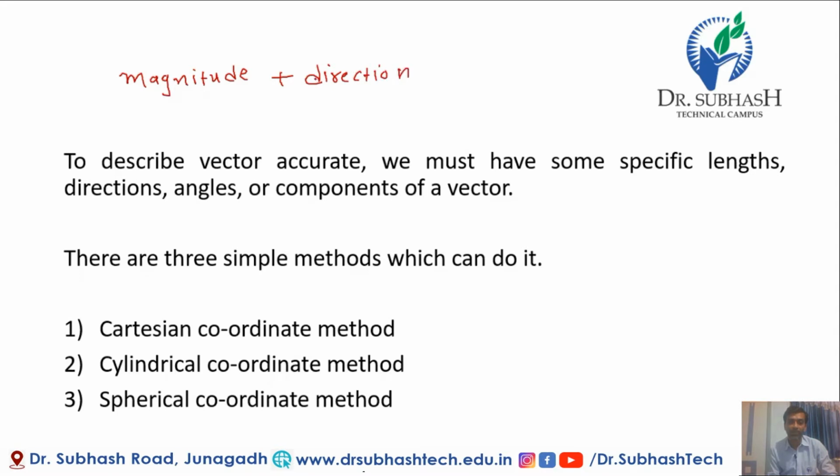So to represent the vector we must have some specific length, direction, angle and the components of the vector, which can be done by three simple methods: the Cartesian coordinate system, the cylindrical coordinate system and the spherical coordinate system.